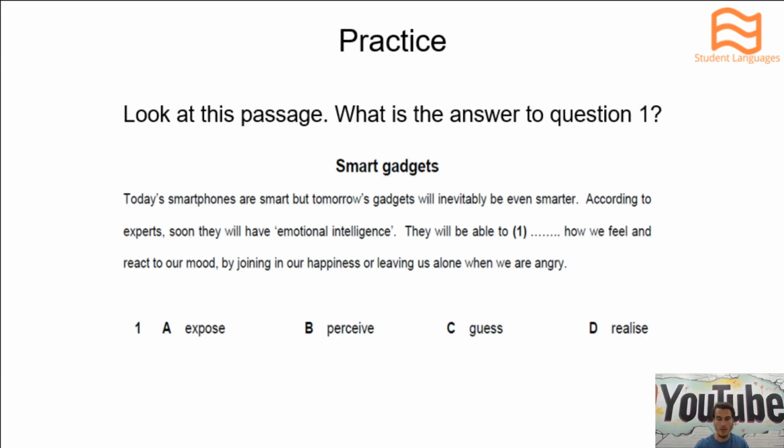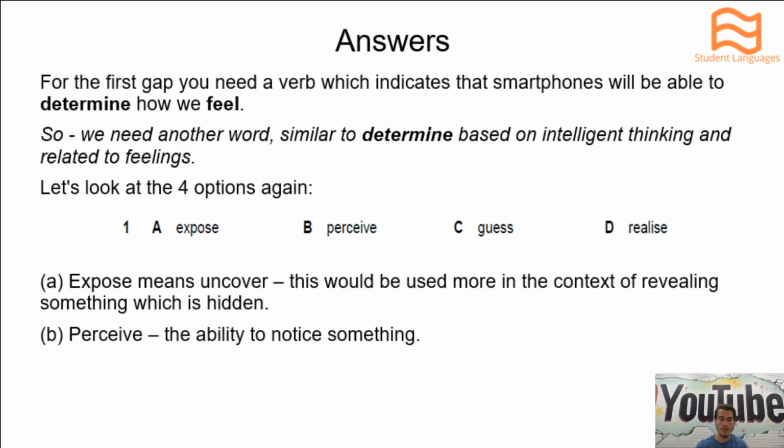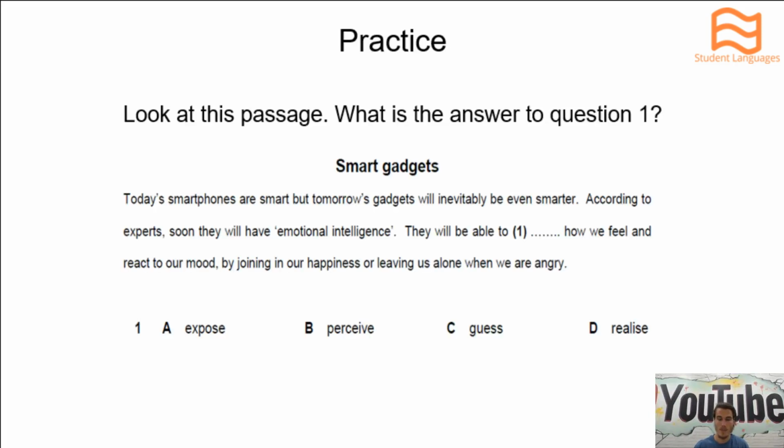So if we look again at the question, they will be able to determine or to perceive how we feel and react to our mood. Because perceive is the ability to notice something, which is exactly what we're talking about here, that these gadgets will be able to see how we feel and react to our mood.